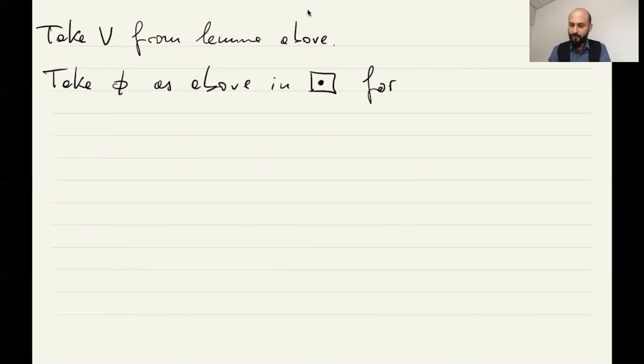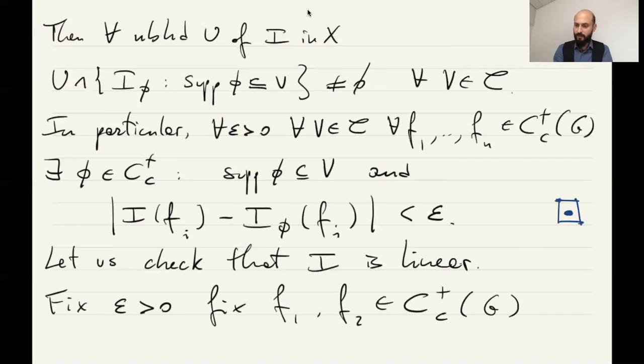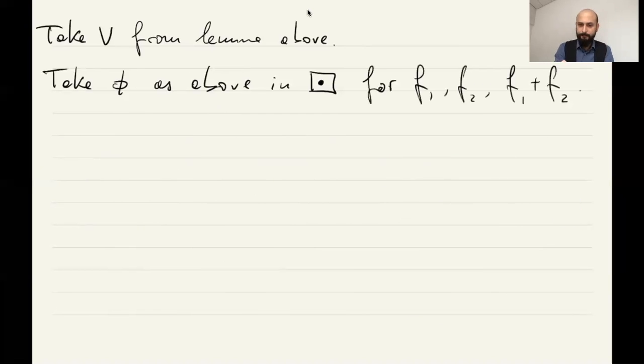For which functions? For the functions f1, f2, maybe we should also take f1 plus f2. These were the functions that we are considering here. Then what do we have?